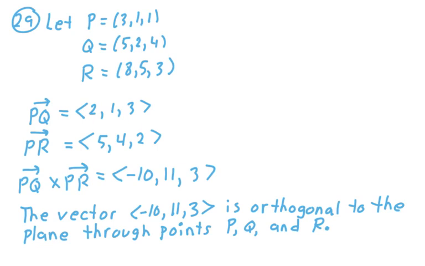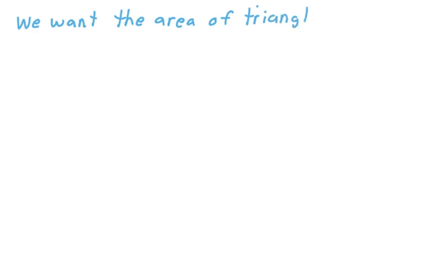Now, the second part of this question is really interesting. Okay. So now we want the area of triangle PQR. Now, I want to draw a picture for you guys.